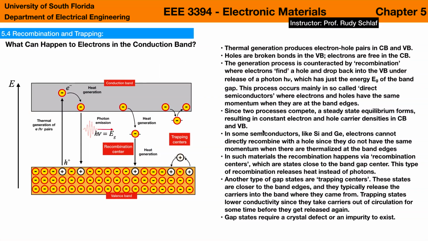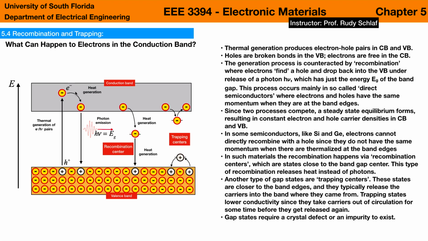I just spent a lot of time talking about what electrons can do when they are in the conduction band, and we know now how they get there by thermal generation. So they get some thermal energy in the valence band, and then they are able to jump up into the conduction band.